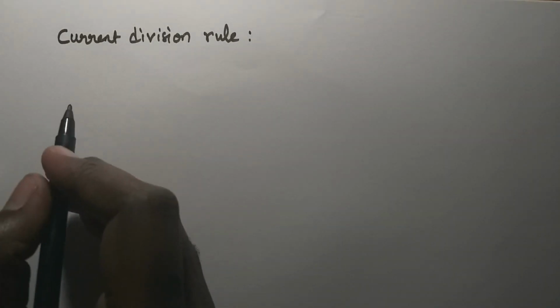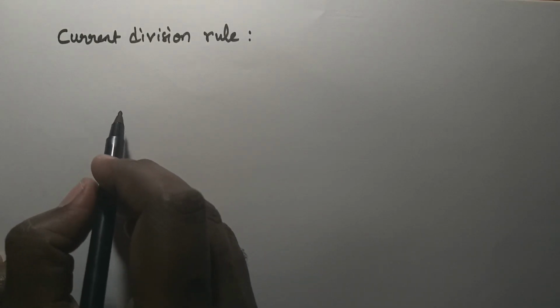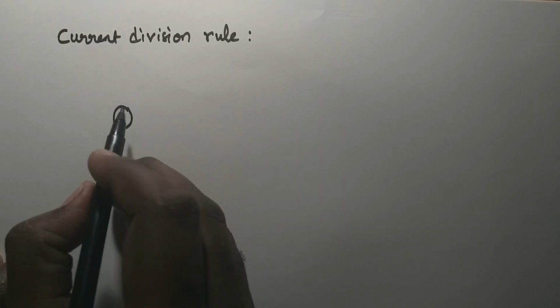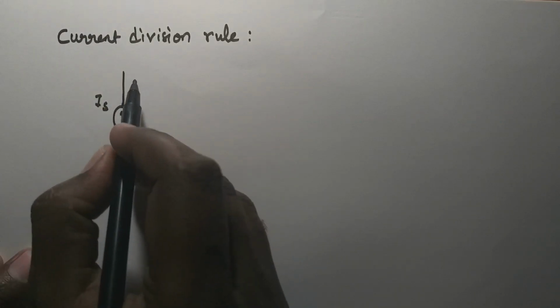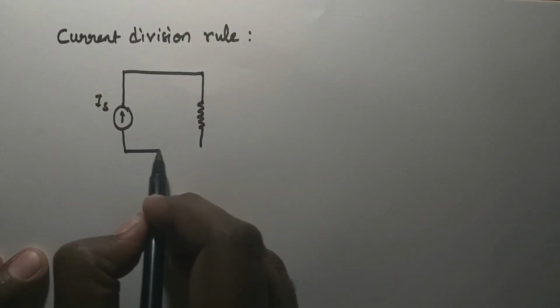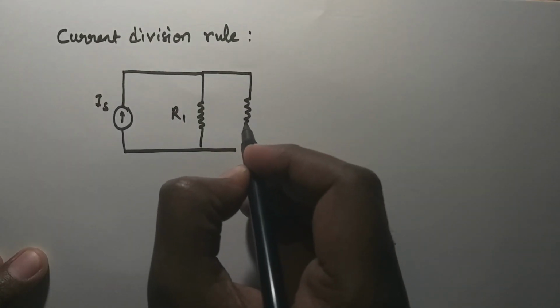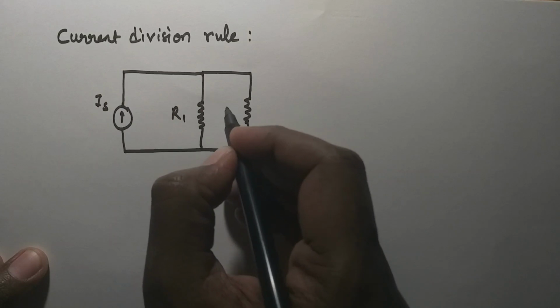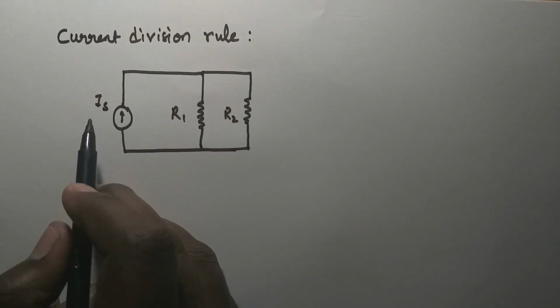And next is the current division rule. So if we have two resistances connected in parallel with a current source with source current value of Is, then there are two resistances, R1 and R2, connected in parallel with this current source with source current value Is.